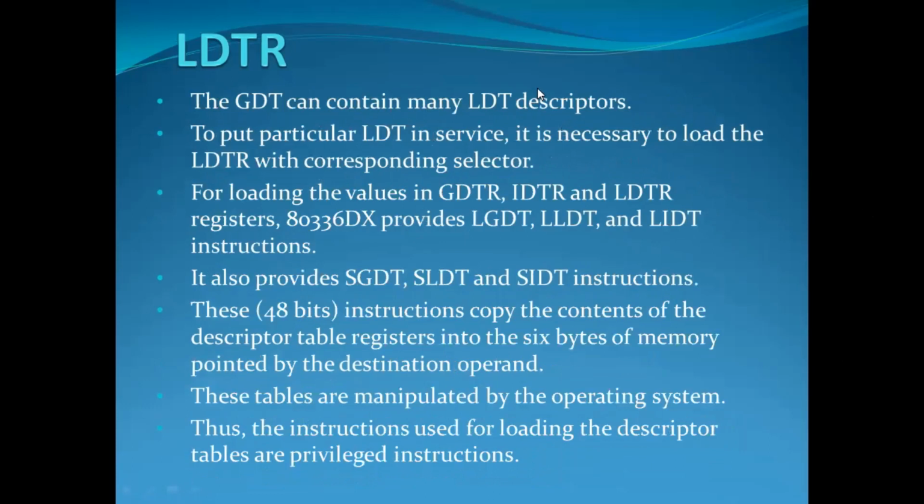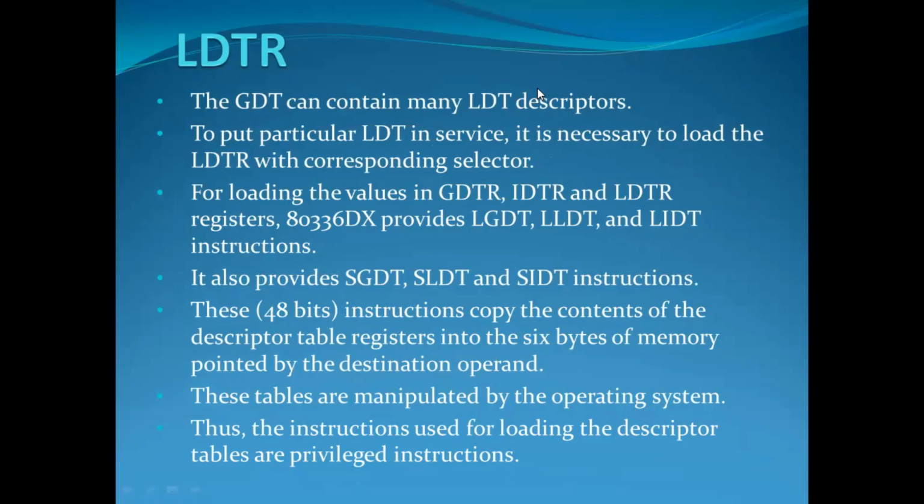The GDT can contain many LDT descriptors, as we saw in the previous figure. To put a particular LDT in service, it is necessary to load the LDTR with a corresponding selector.